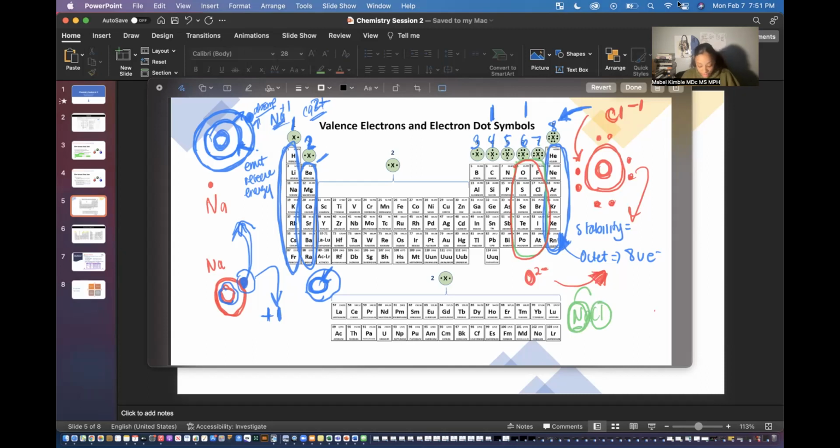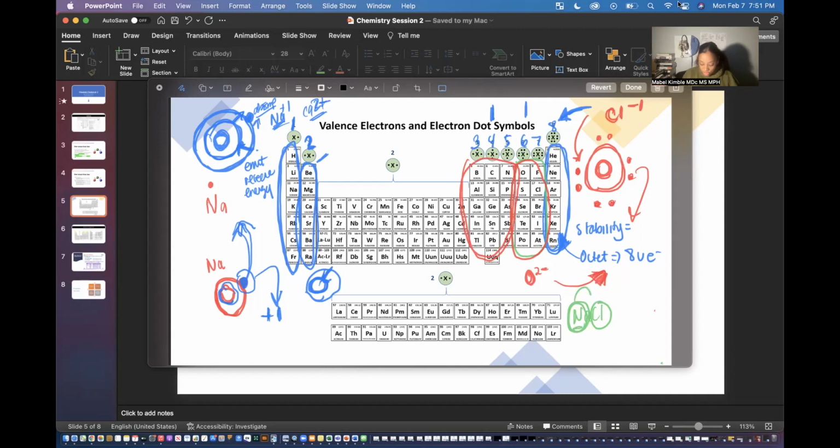So those two obviously are going to partner up, right? And so the main point that I'm trying to make here, to make it easier in terms of the concept, is that the majority of what we see for cations and anions are going to be your very far left for cations, and your very far right for anions. And then when you reach group 3, 4, 5, right?